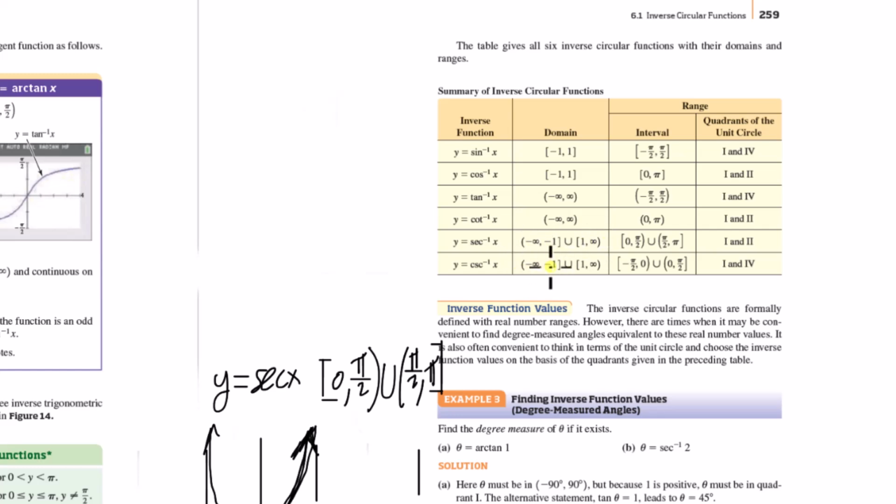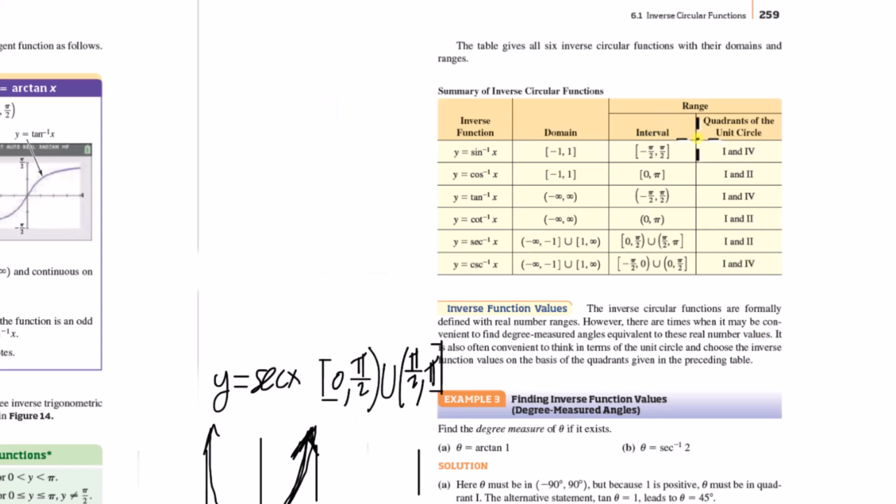These are the ranges of the regular trig functions, and they become the domains of the inverses, which makes perfect sense. The ranges of the inverse trig functions are based on the restriction that we made to make the trig function 1 to 1.